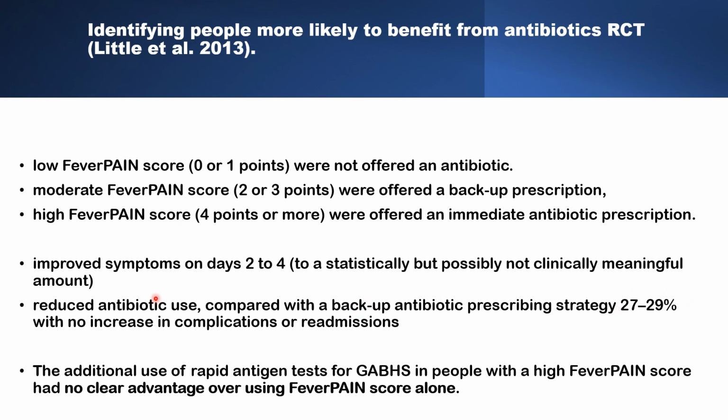The additional use of other ways to identify patients who have a group A beta hemolytic strep, like for example rapid antigen test, was not necessary. The clinical scoring test actually showed the same amount of information gained with the application of other tests like the rapid antigen test for group A beta hemolytic strep patients.